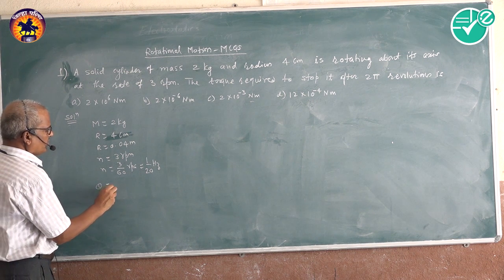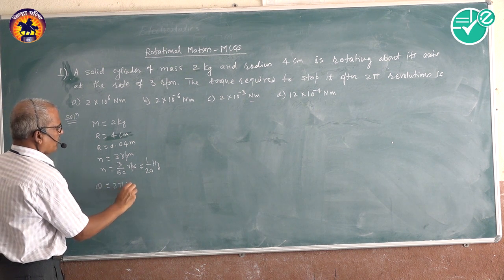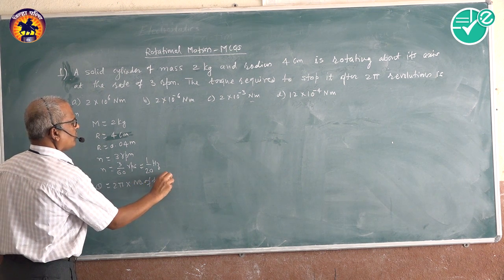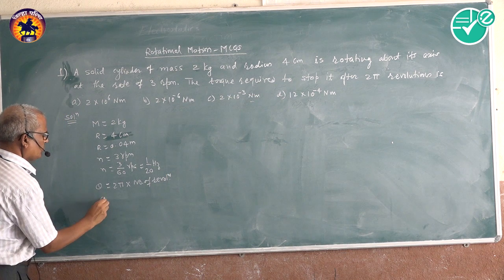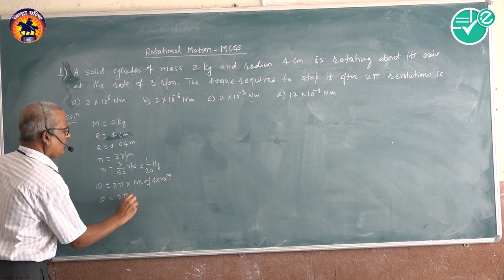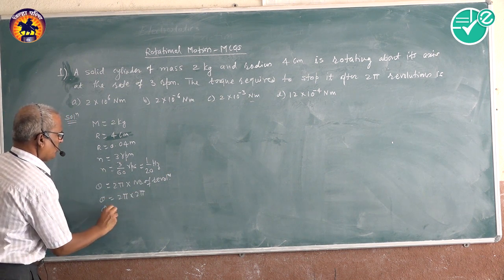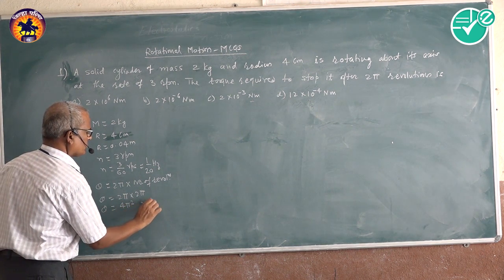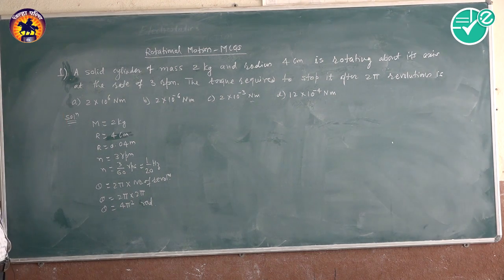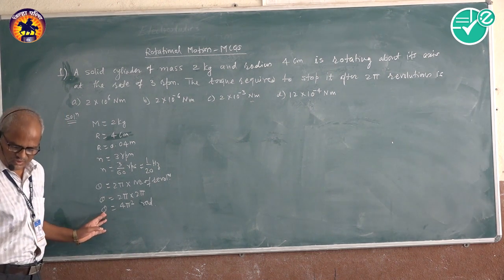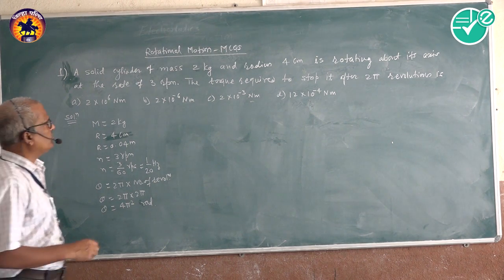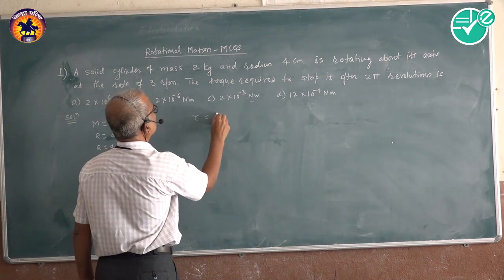Now angular displacement is equal to 2 pi into number of revolutions. So theta is equal to 2 pi into 2 pi, so theta is equal to 4 pi square. To solve this, we have to use the formula tau is equal to I alpha.